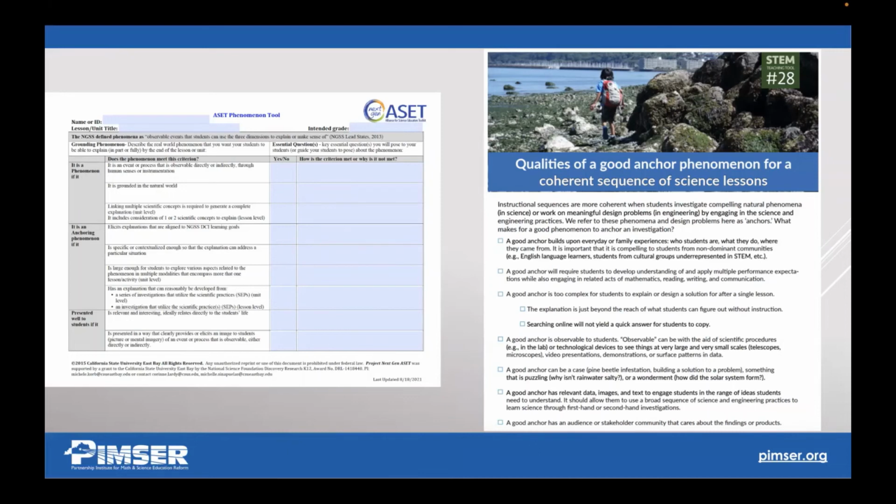The problem I have found is if you do this yourself, you know what you're looking for. So you hedge your bet a little bit and say, oh yeah, it does this. I've had students use this asset phenomenon tool on their phenomenon that they're selecting for a unit that they're going to be developing, and they do the same thing.